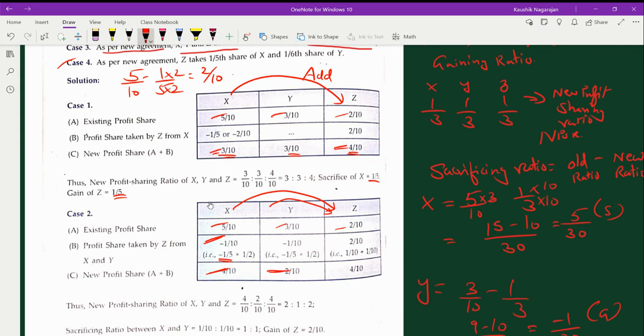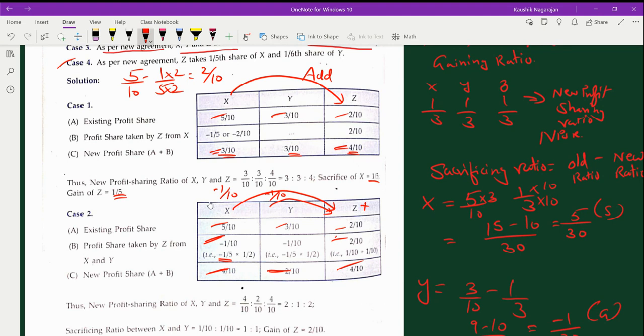And now these two values, that means from X you are going to transfer 1 by 10, and from Y also you are going to transfer 1 by 10. Since the bases are similar, this will get added to Z's share. So earlier Z was possessing 2 by 10. By this transfer, another 2 by 10 is going to be added to him. So 2 by 10 plus 2 by 10 is going to be 4 by 10.